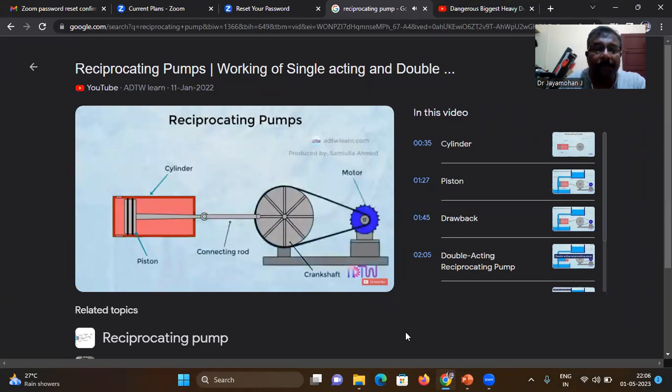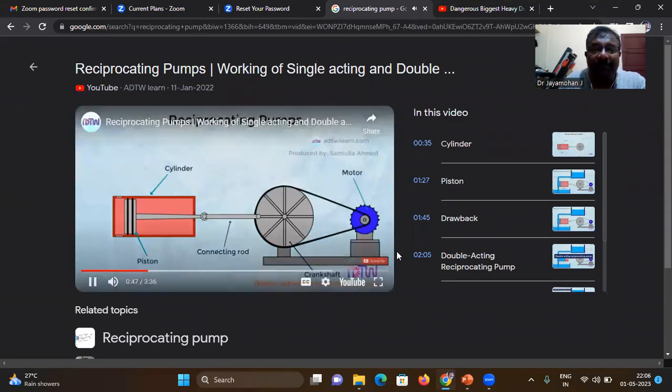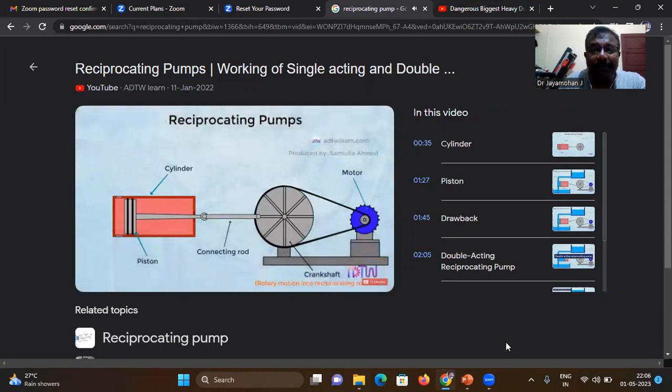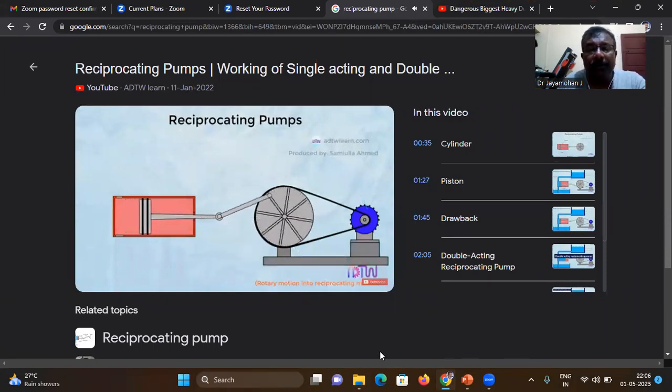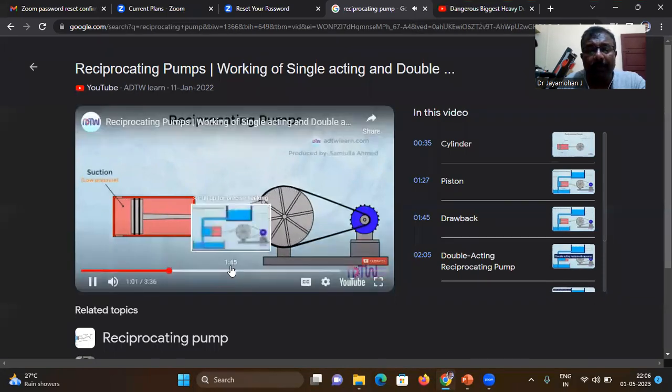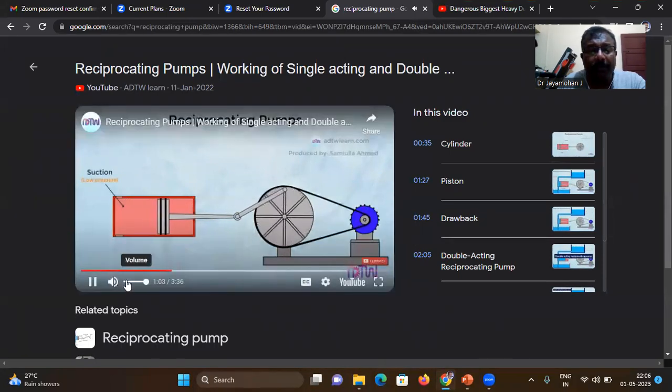When the motor rotates, the crankshaft converts the rotary motion into reciprocating motion, and this is transferred to a piston using the connecting rod. Therefore, the piston starts reciprocating. During this motion, when the piston moves back in the cylinder, it creates a low pressure inside the cylinder. Due to this low pressure, the water from the tank is sucked into the cylinder.